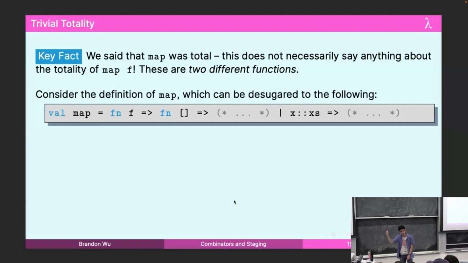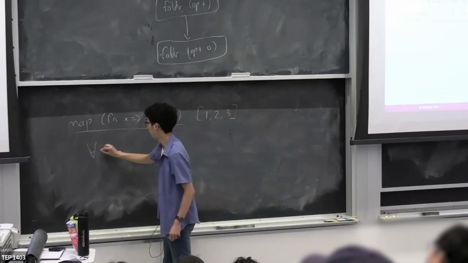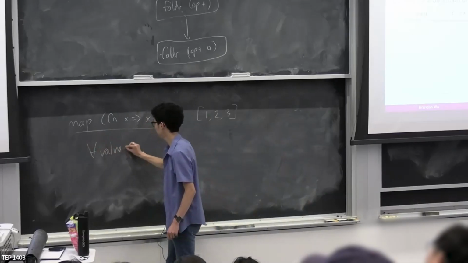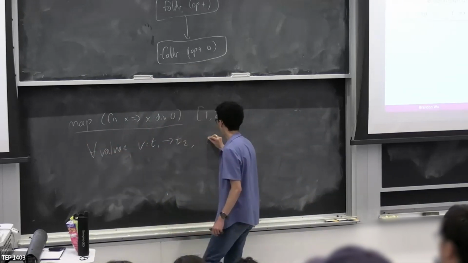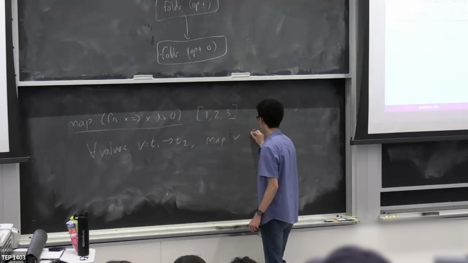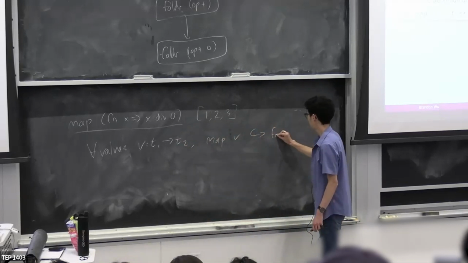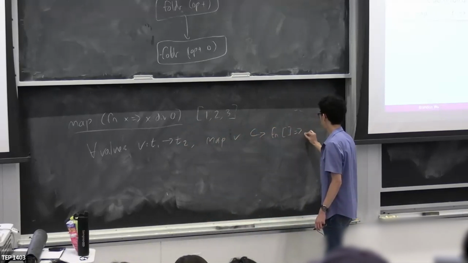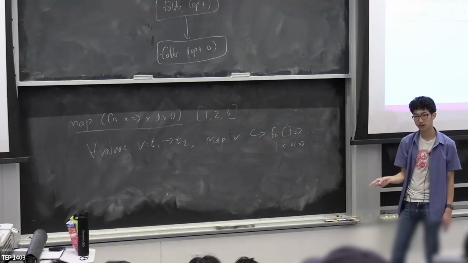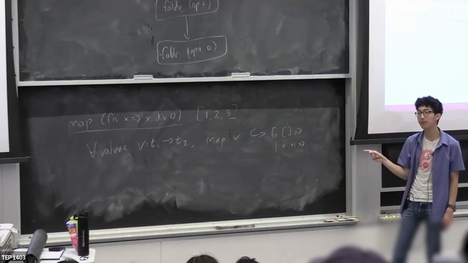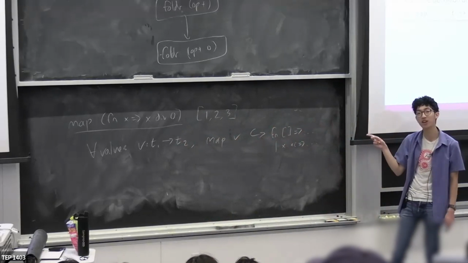So for any input I give map, for any v, let's say for all values v of type t1 to t2, for some types t1 and t2, map v evaluates to fn nil goes to da-da-da, or x cons x's goes to da-da-da. Okay? Does that make sense? I always get a value out.